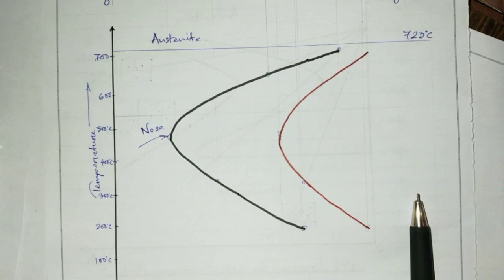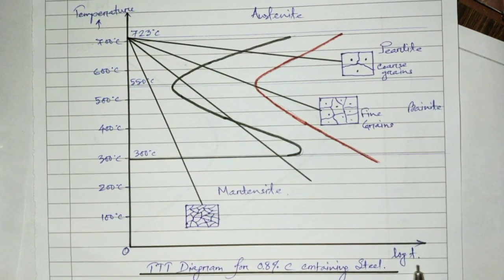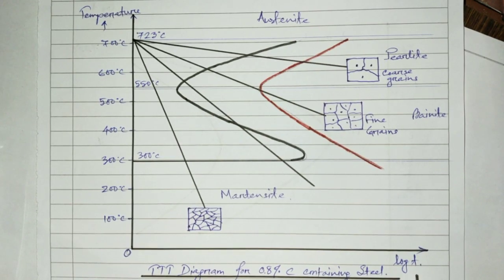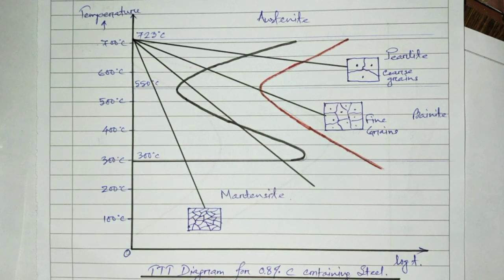Now we must understand what sort of information we can obtain from this type of diagram. In a simplified version, this is the TTT diagram, where along the x-axis the logarithmic value of time is given, and along the y-axis the temperature is given.